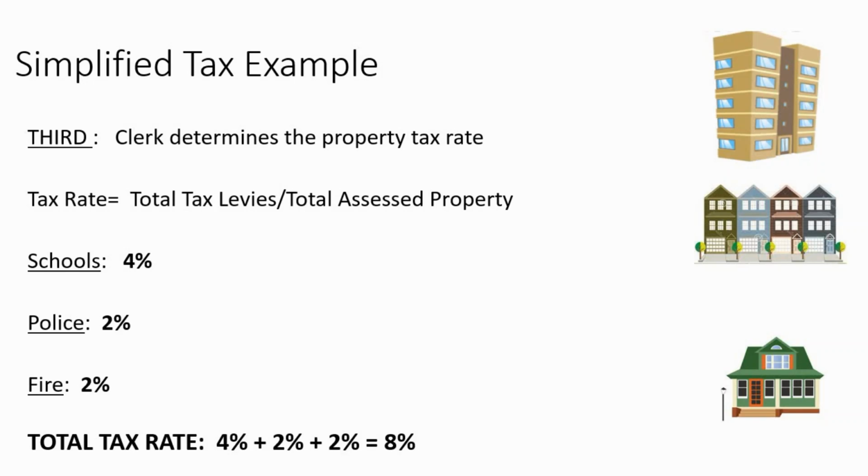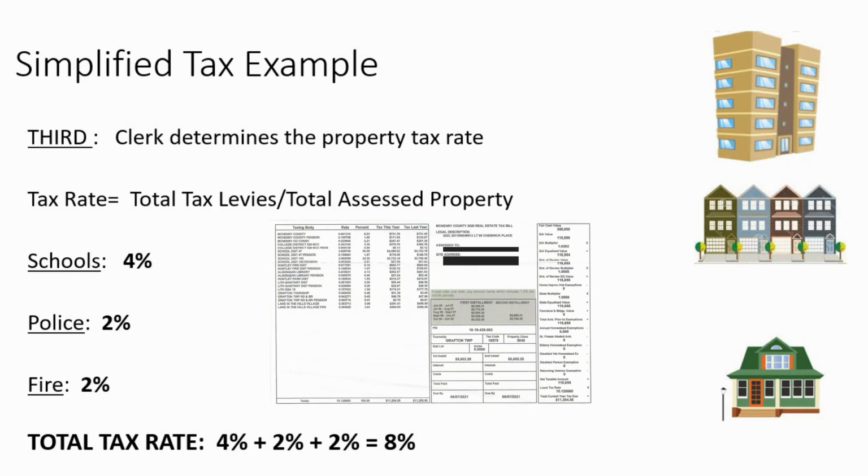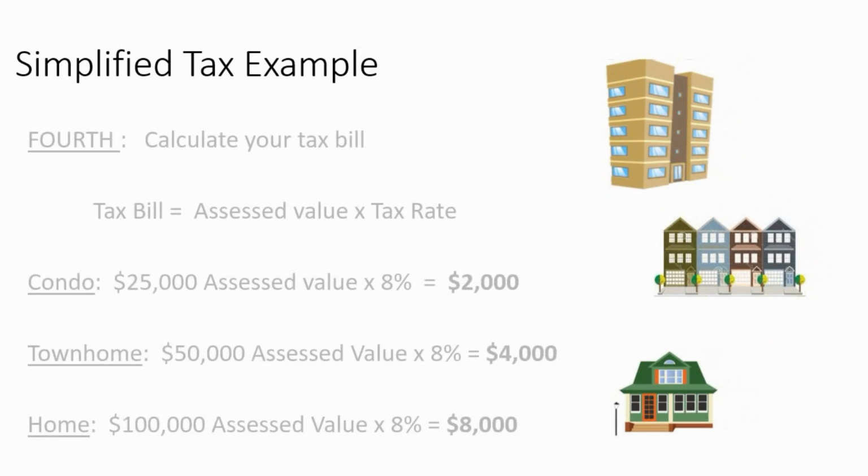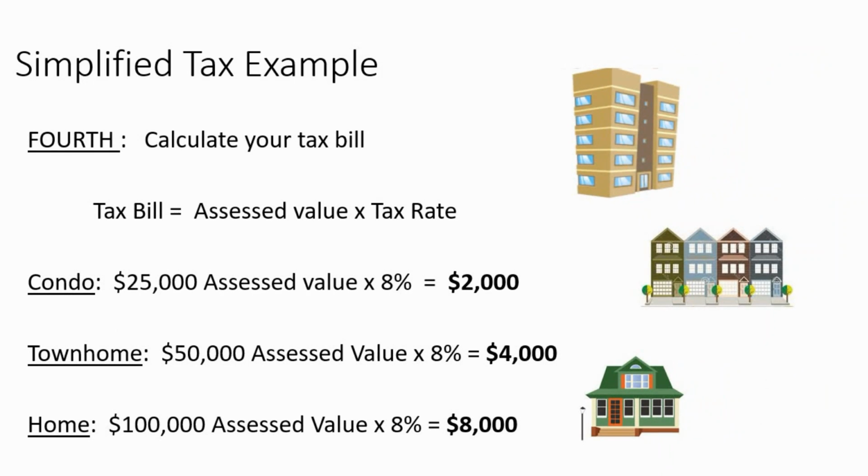So this is just a really simplified version of what you're reading in the lower left-hand side of your property tax statement. There, of course, you have the county, your local schools, conservation district, that type of thing. But here it's just going to be 8%. So now fourth, calculate your tax bill.